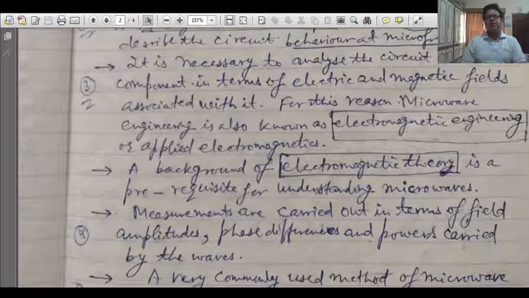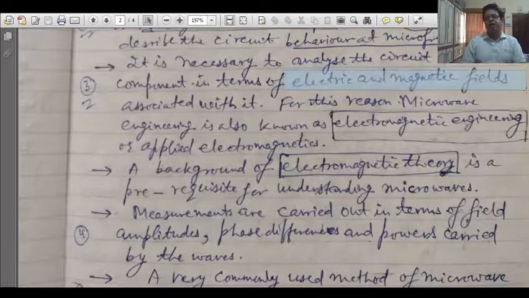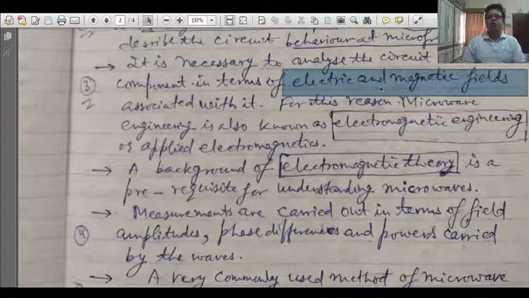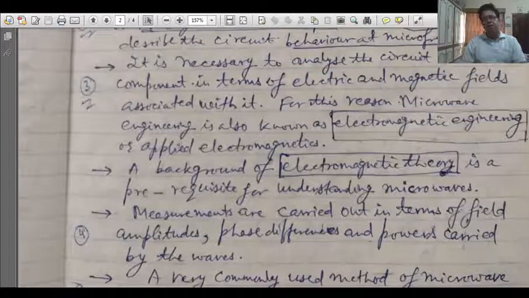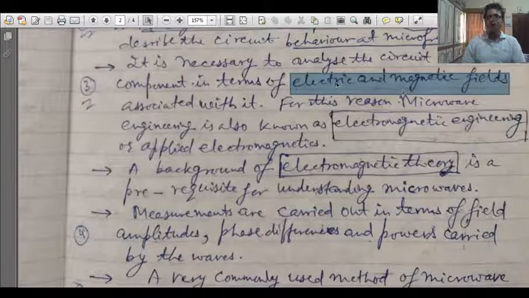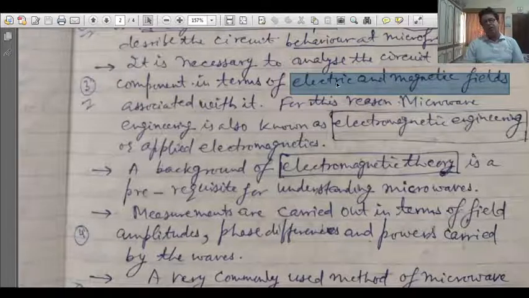It is necessary to analyze the circuit or the component in terms of the electric and magnetic fields associated with it. We are using electromagnetic theory here.